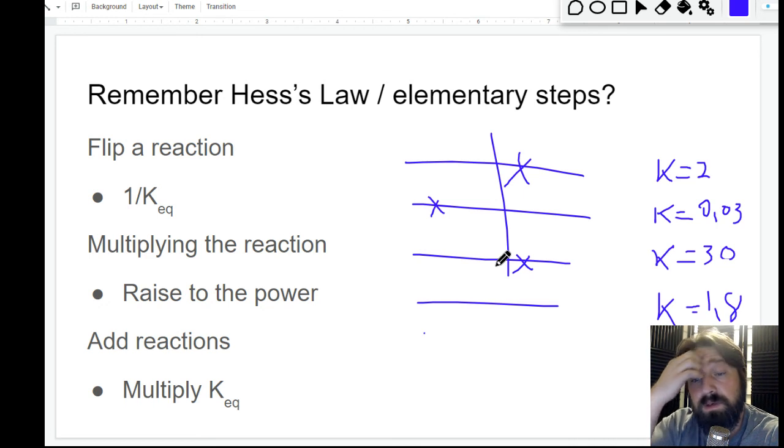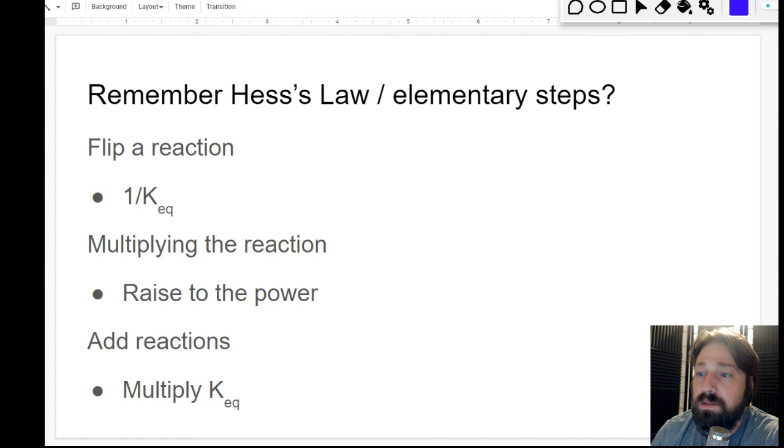So this is how, if we flip a reaction, we know we can flip K. If we multiply a reaction, we raise the K by whatever power we're multiplying by. And if we're adding the reactions together, we're multiplying the K's together. That's going to be how we're going to be manipulating different reactions together. All right. So there's that.